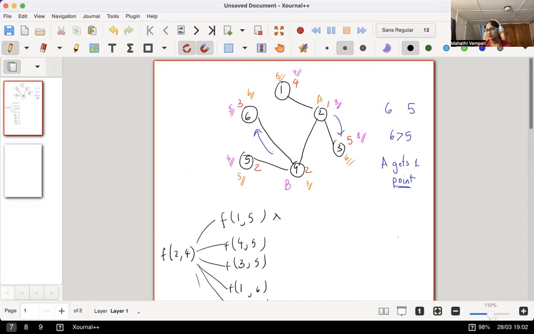1, 5 depends on nothing. 4, 5, oh, the game stops. Depends on nothing. 3, 5.